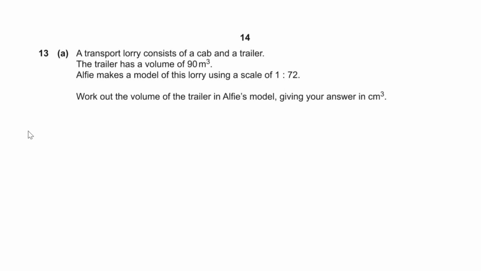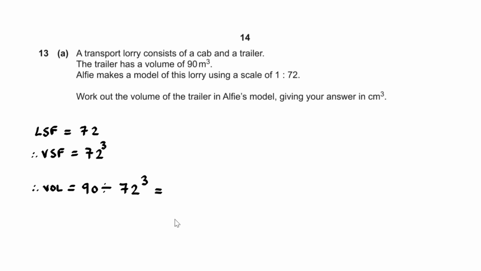Well, if we consider this scale, what we have is a length scale factor of 72, and therefore the volume scale factor will equal 72 cubed. So therefore the volume of his trailer in the model, well, in real life, we've got 90 meters cubed, so we have to divide by the volume scale factor, so we'd have to divide by 72 cubed to find the volume.